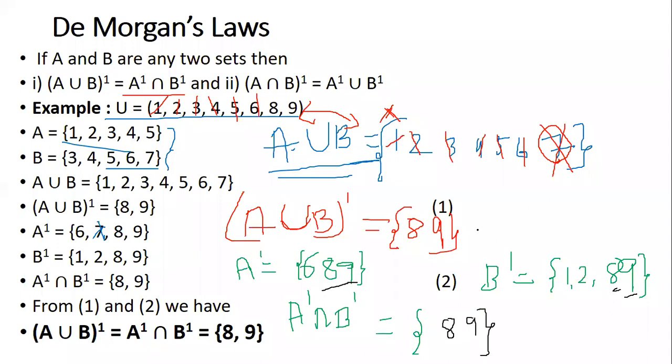So if you compare the two sets here, A union B complement is 8 and 9, and A complement intersection B complement is also 8 and 9. Clear? So that means the first law of De Morgan's law we have proved. Did you all understand?